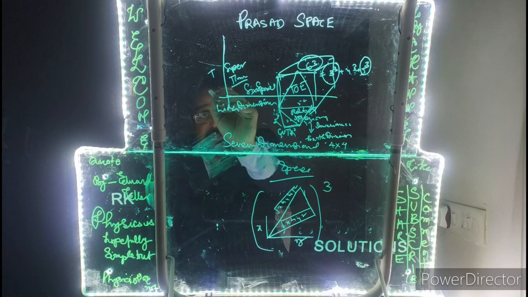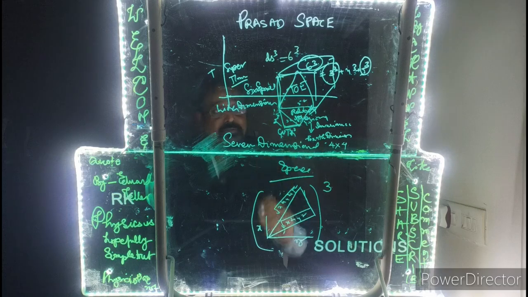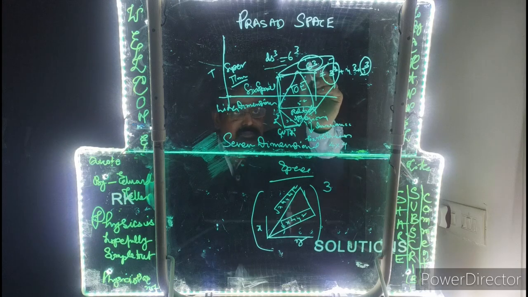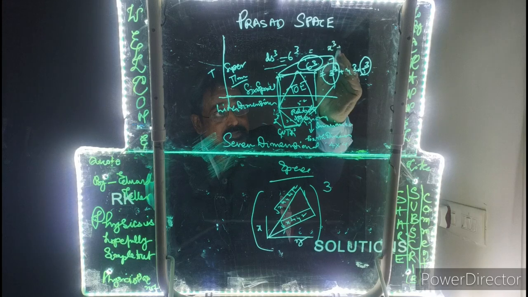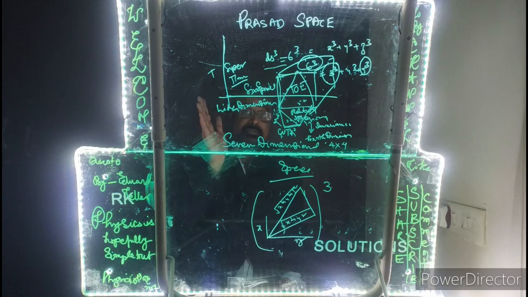That will give you s cube equal to h cube. That is, the cubical invariance will become 6. 6 cube represents the cubical invariance, and in equation form will be x cube plus y cube plus z cube. If you take only ds, then it will be cube root of this.